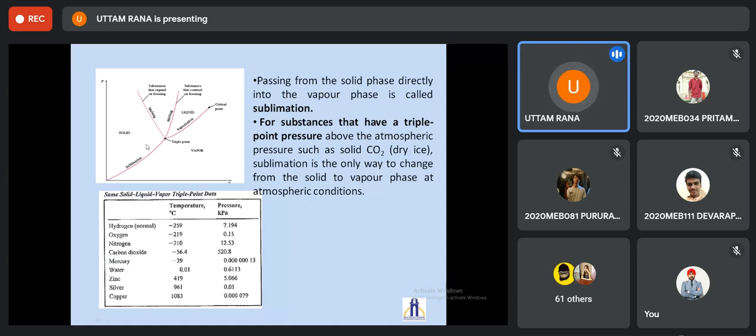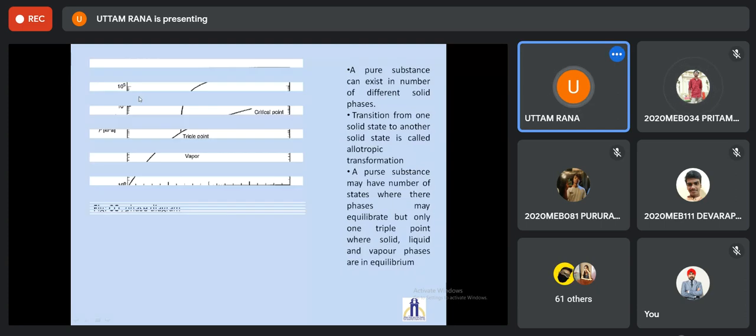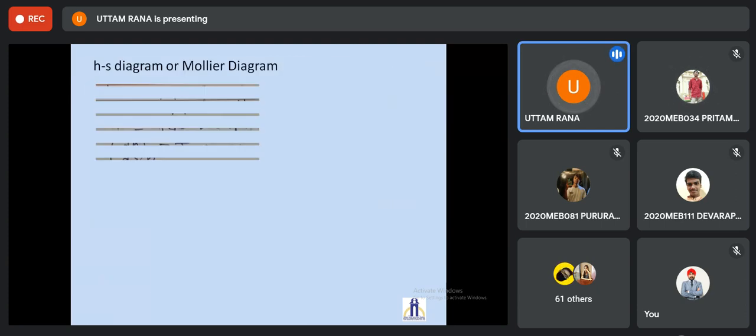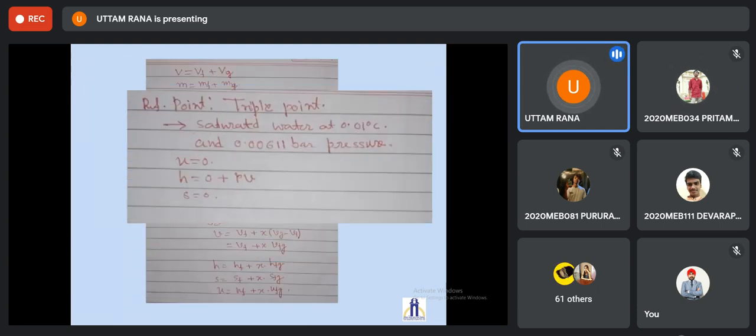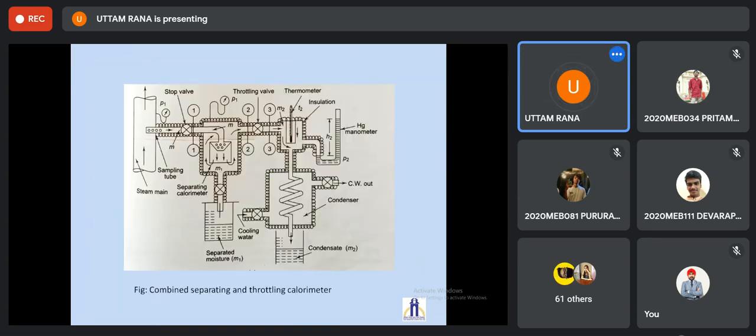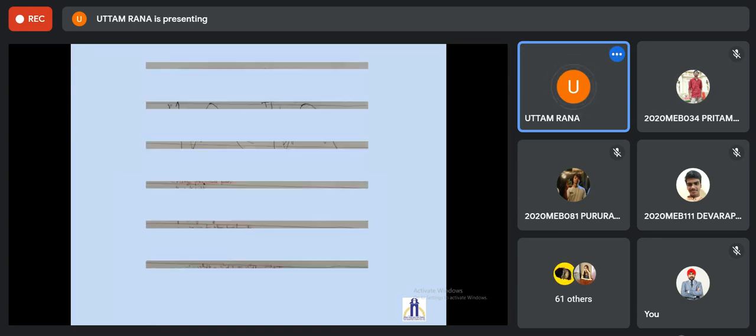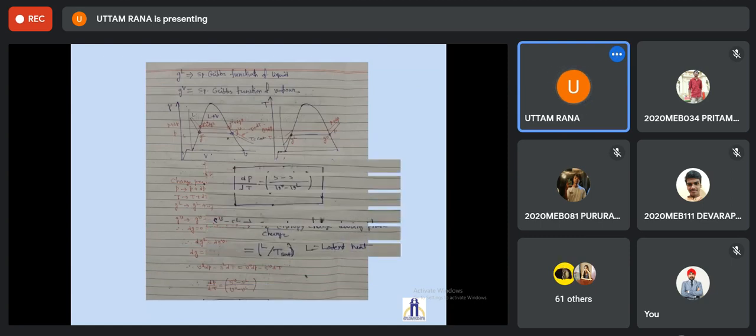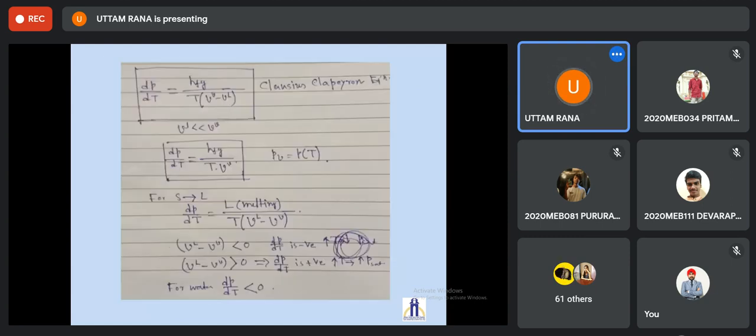If you plot P versus T, dP/dT is negative, because VL minus VB is less than 0 in this relation. For other substances it is greater than 0, so in that case the slope will be positive.